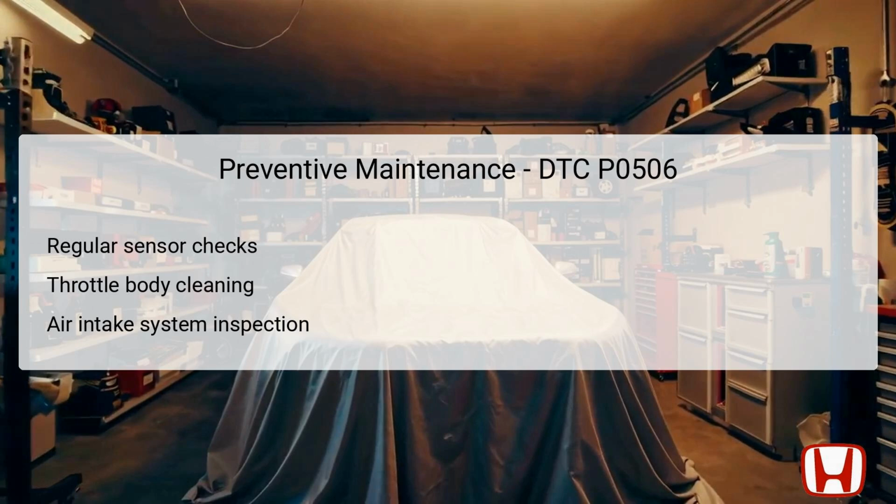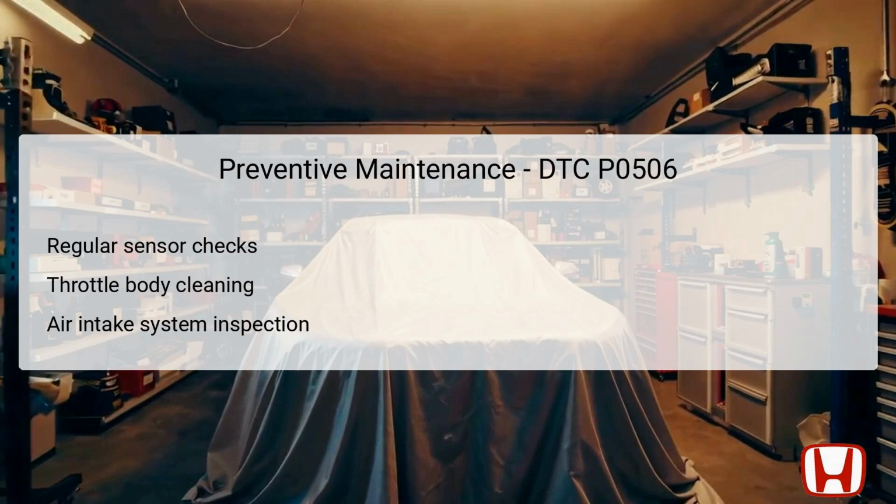Additionally, routine cleaning of the throttle body is advised, as carbon deposits can accumulate over time, causing throttle response and idle control issues. Lastly, regularly inspecting the air intake system for leaks or blockages will ensure smooth airflow, thereby supporting proper engine performance. Staying proactive about these preventative measures can greatly reduce the likelihood of experiencing similar DTCs in the future.